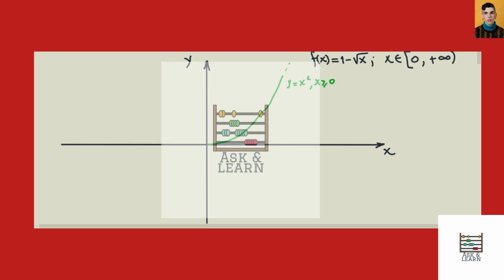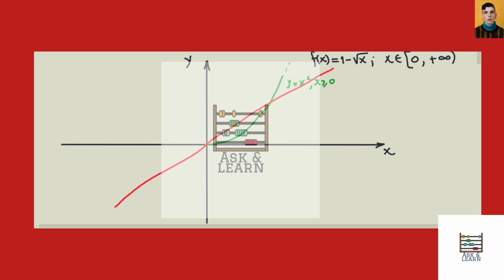And to find the inverse of that, we draw the identity function, that is the line y equals x. With that, we make a reflection with respect to that line, and we get the inverse of the function.